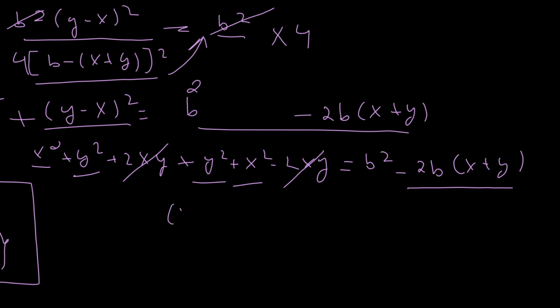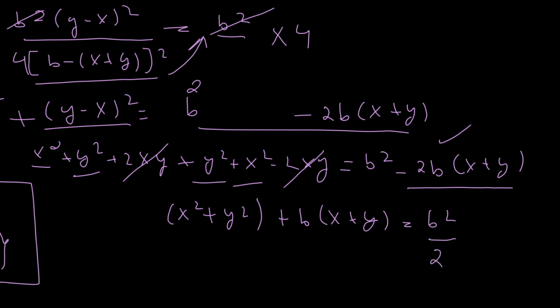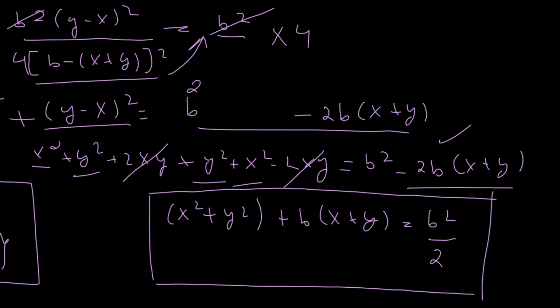So finally we will have x square plus y square, the 2 will get removed from this term, and as we are shifting it from that side to this side, plus b times (x plus y), and this thing equals b square, and as we have divided 2, this thing upon 2. So the value of x square plus y square plus b multiplied with (x plus y) we have got as equal to b square upon 2.